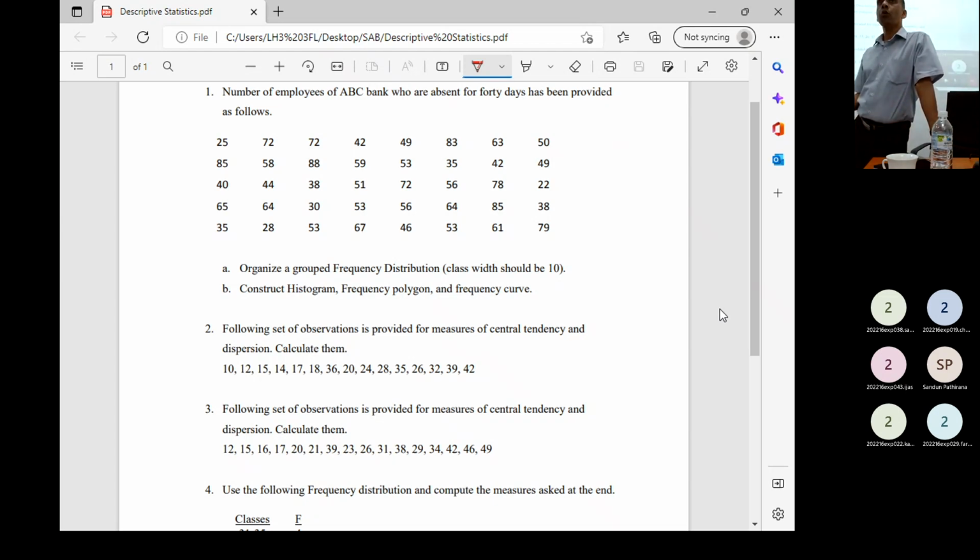When we transform raw data into organized data, that is called data organizing.